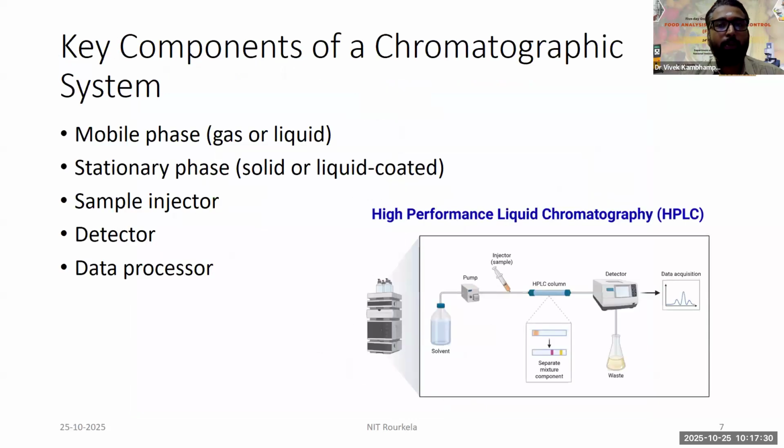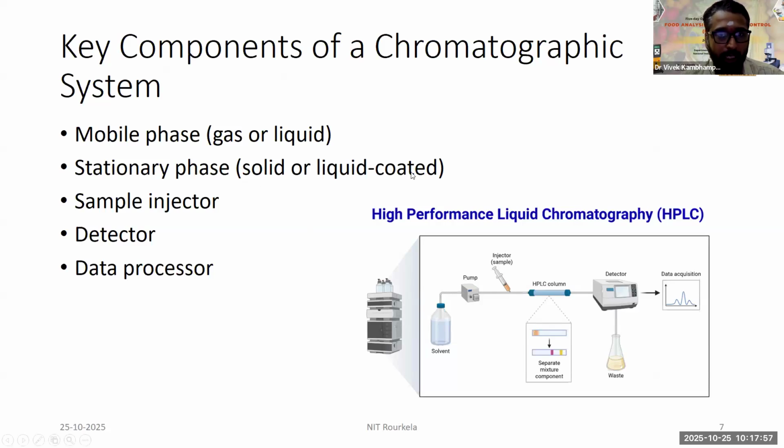These are some of the key components of a chromatographic system. You take any kind of chromatographic system, be it HPLC, GCMS, UHPLC, or any other chromatography, you can find these very important components. You can find a solvent, either in the form of liquid, gas, or supercritical liquid, and then definitely a stationary phase, right?